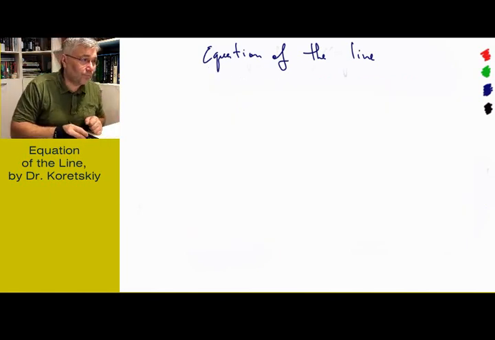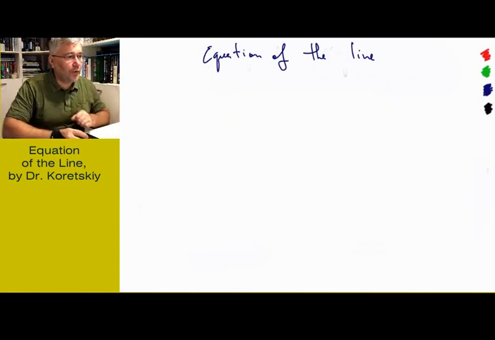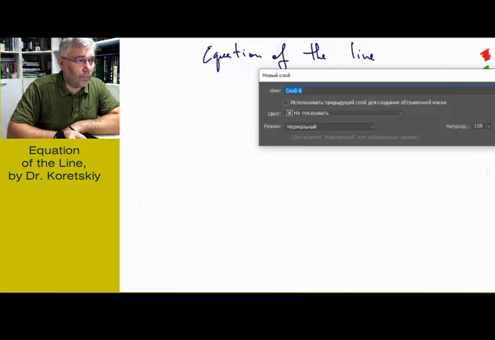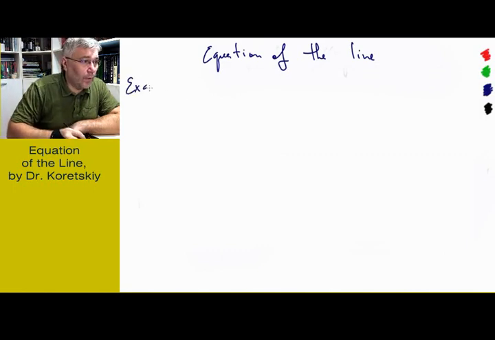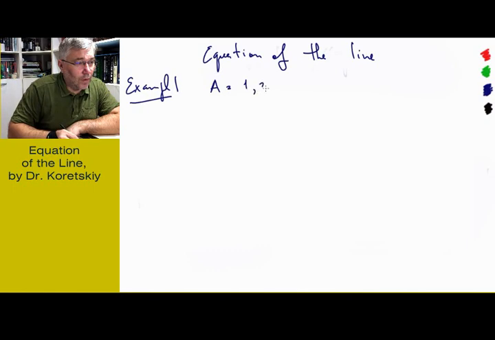Some practice. The very first job here: we have two points, example 1. We have two points, A, for example, with components 1, 3, 4, and B has components, I don't know, minus 2, 0, 5, and I want to define the equation of the line.